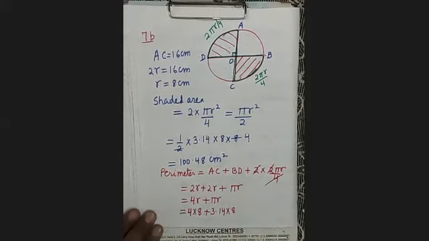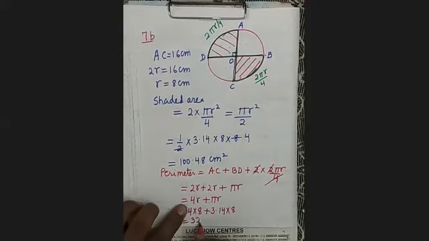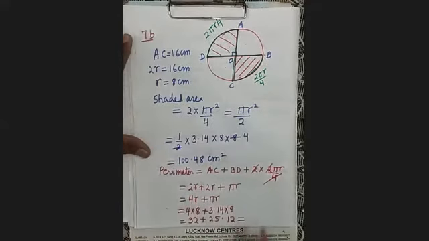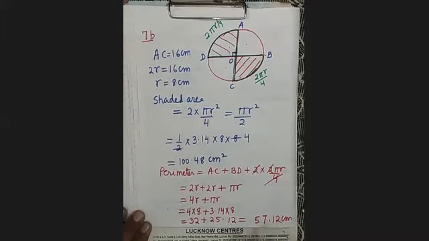So it will be equal to 32 plus 25.12. So when you calculate, it will be 57.12 centimeter. It's clear? This is the answer.